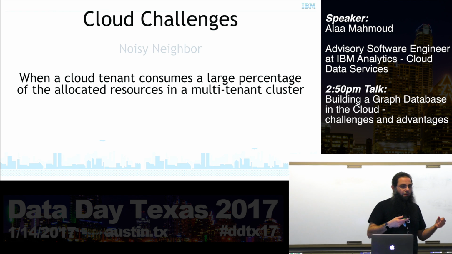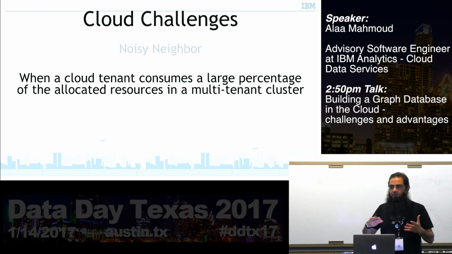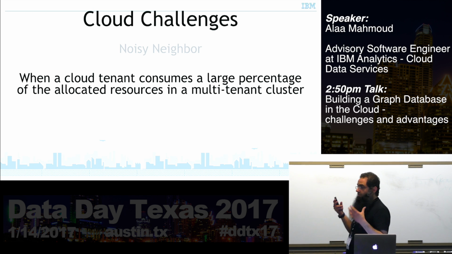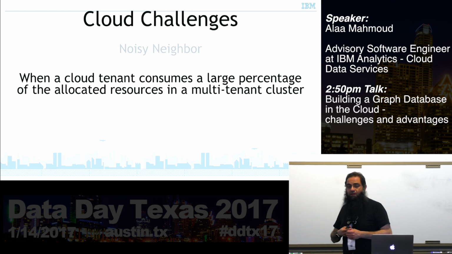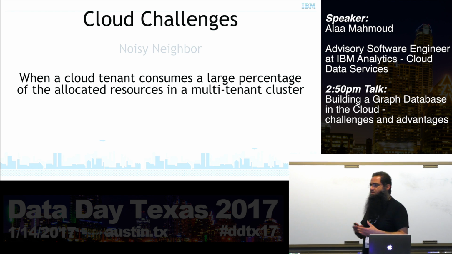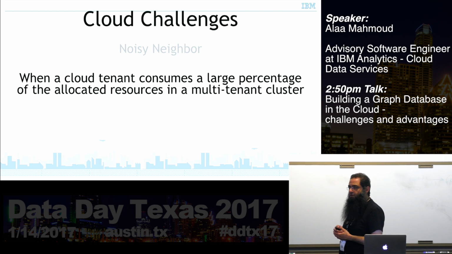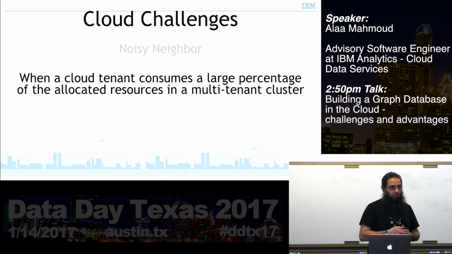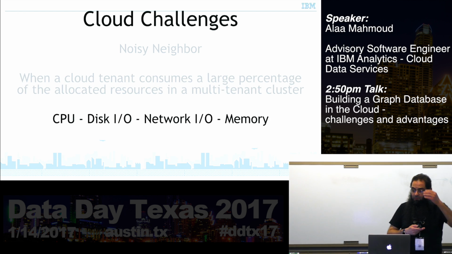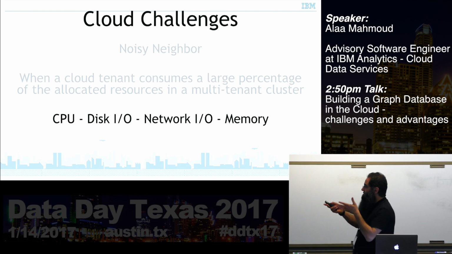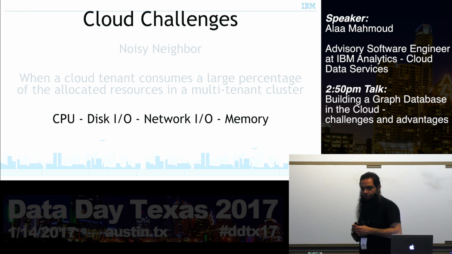They execute extremely complex queries that take a long time, and they're accessing the disk more than anybody else. Because all of them are sharing the same resources, some users will experience a much poorer experience than others. And when I'm talking about resources, I'm talking about CPU, disk, network, memory, and so on.